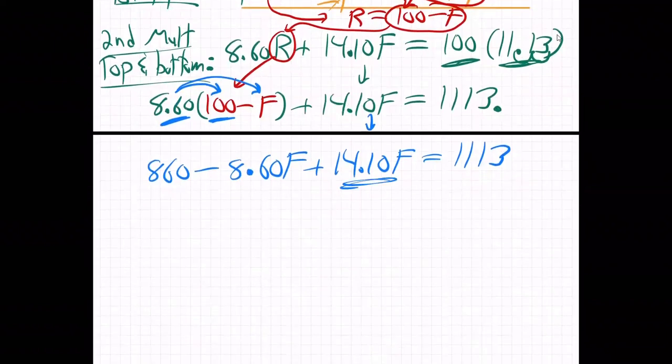Now, 14.10 F, take away 8.60 F. What is that? So bring down the 860. Use your calculator. 14.10 minus 8.60. I'm getting 5.5.